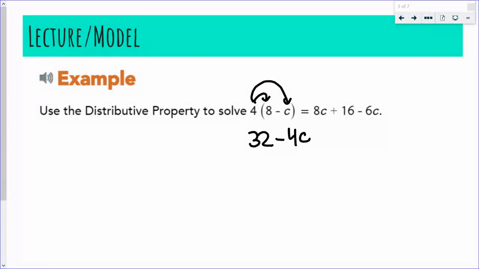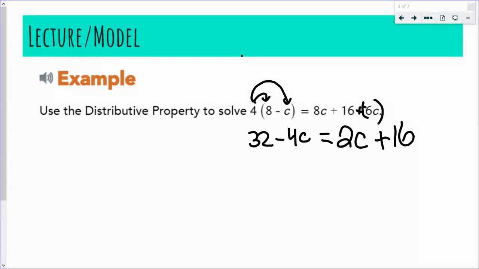So that's going to be on my left side. On my right side, I first need to put all of my like terms together. 8c plus 16 minus 6c. Remember, this becomes a plus negative 6c because subtracting is the same as adding a negative. 8c minus 6c would be 2c if I put those together, plus 16.